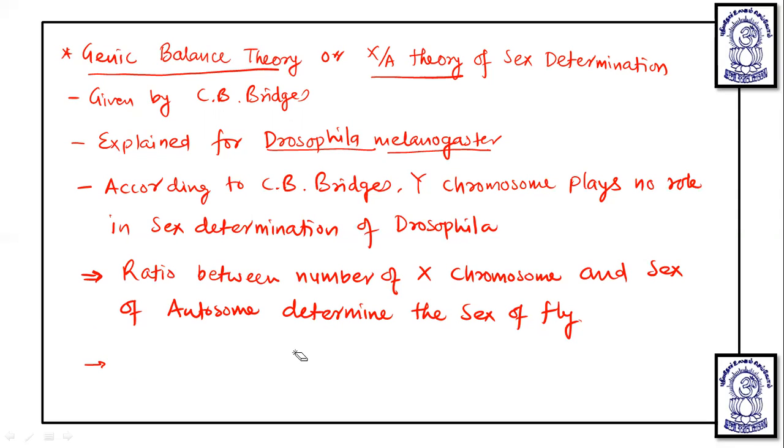Sometimes some people say that maleness is present on the autosome and femaleness is present on the X chromosome, and the Y chromosome has no role. This is how it is explained.